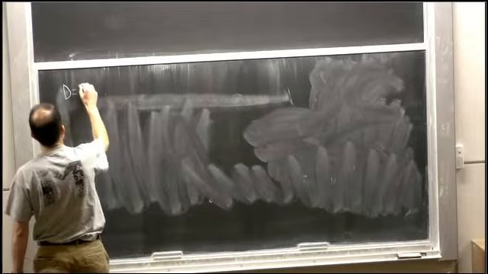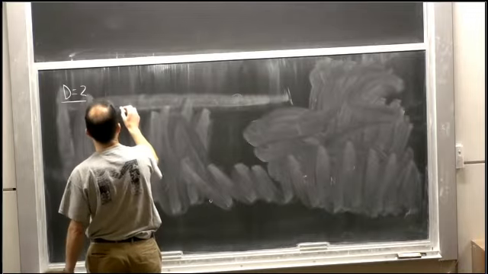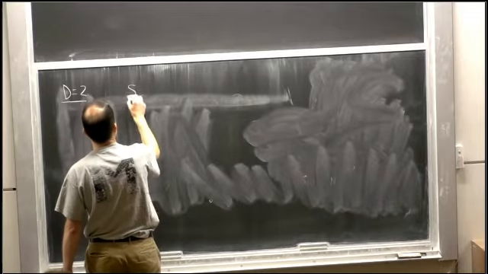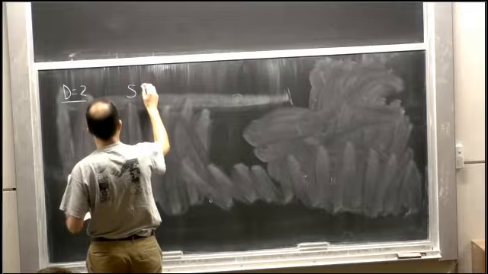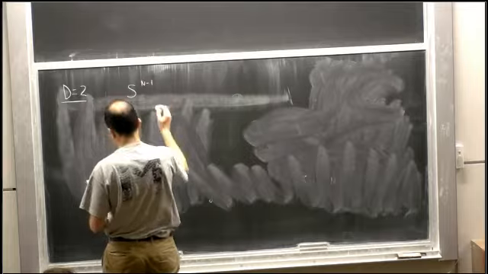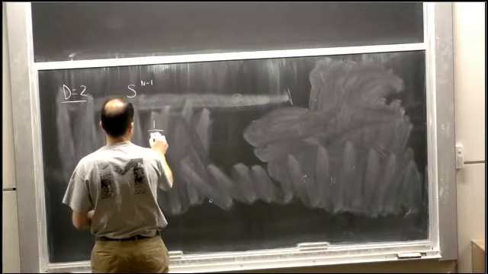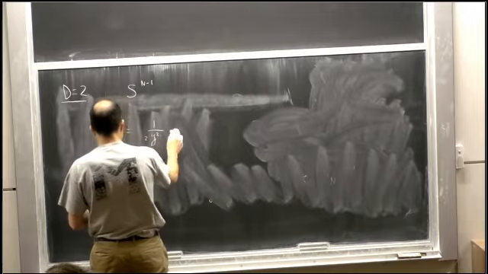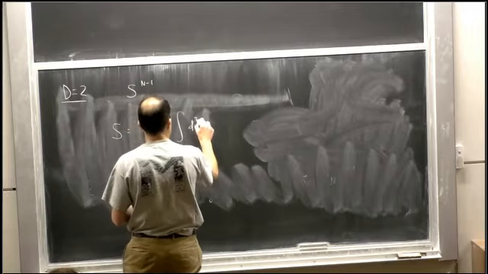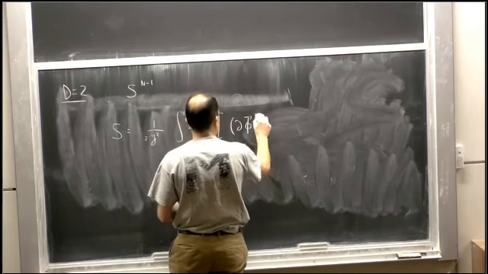So now we'll set d equal to 2, and we consider the S^N model, a model with a target space which is a sphere of dimension N minus 1. So we have an action of this form.